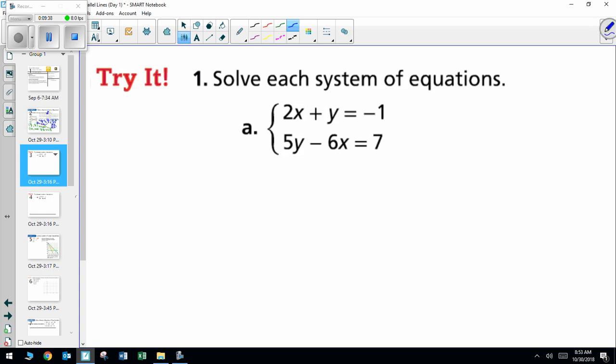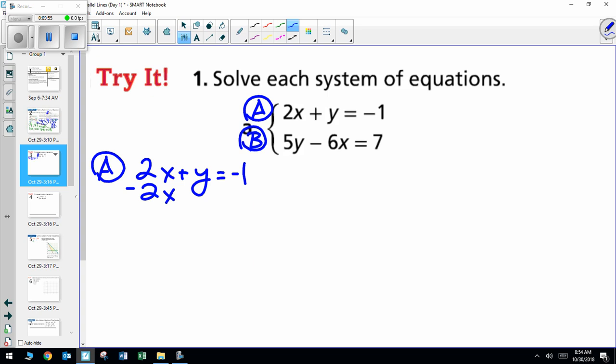So if I'm going to call this equation A and equation B, taking equation A, I'm going to solve for y. So y equals -1 minus 2x. I'm going to subtract 2x from both sides, and then I'm left with y equals -1 minus 2x.